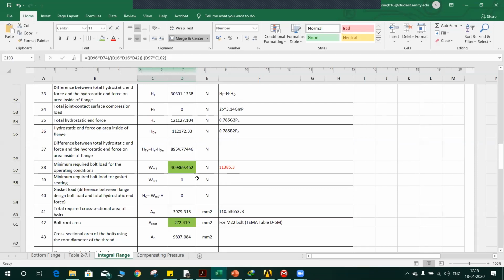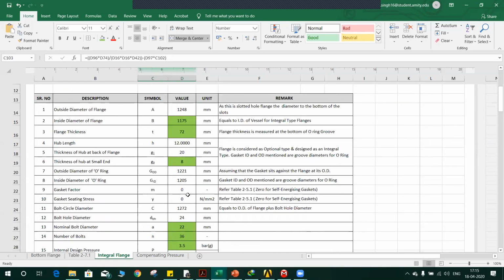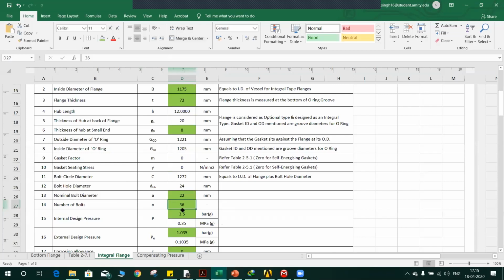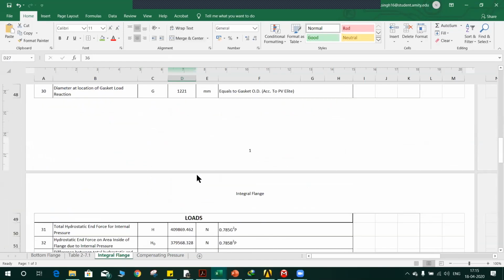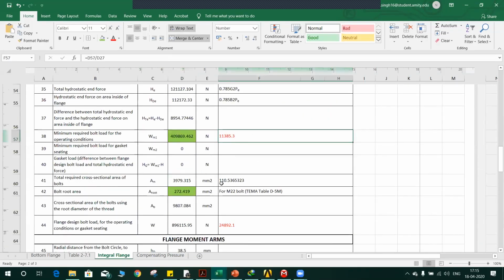So over here we cannot have a single bolt to allow that much force. So I have taken around 36 bolts. Number of bolts here you can see 36.